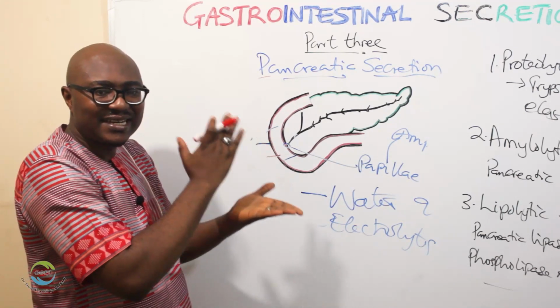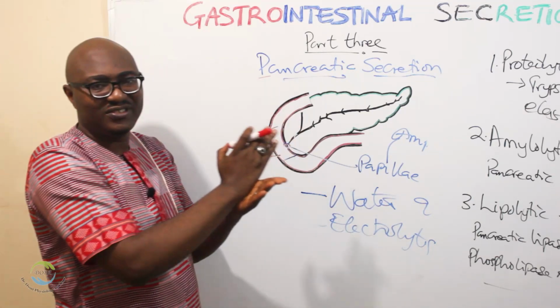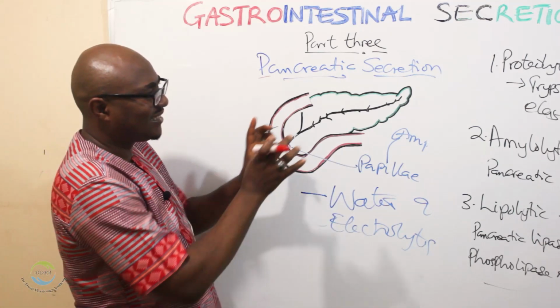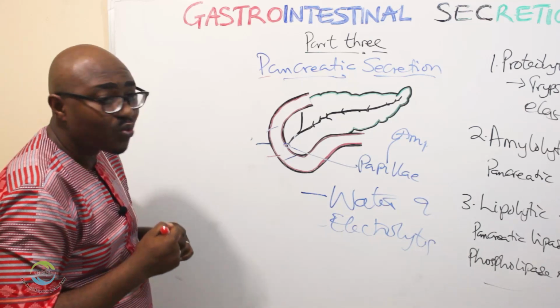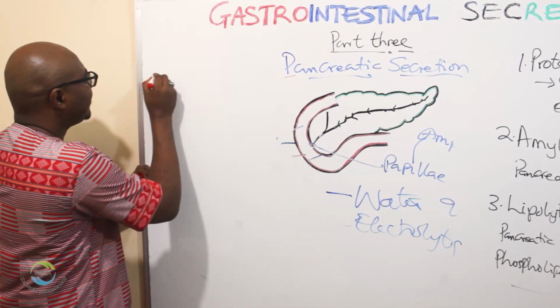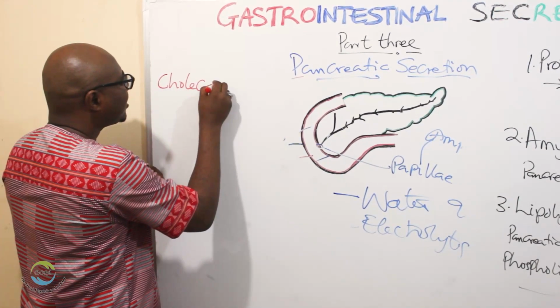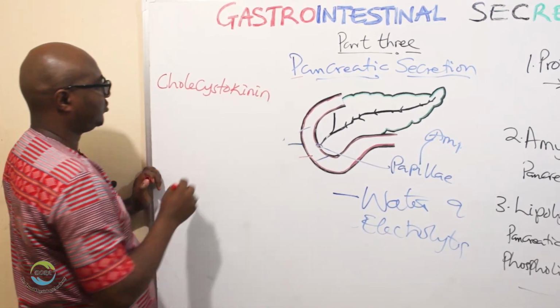What are the things that can stimulate it? What are the hormones, the GI hormones, that can stimulate or inhibit pancreatic secretion? So one key hormone is called cholecystokinin.